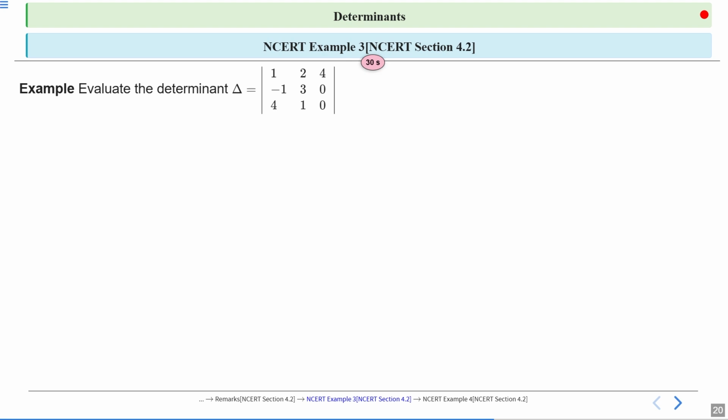Okay, now we are given a matrix [1 2 4; -1 3 0; 4 1 0], and we have to evaluate the determinant. So recall the formula and evaluate.